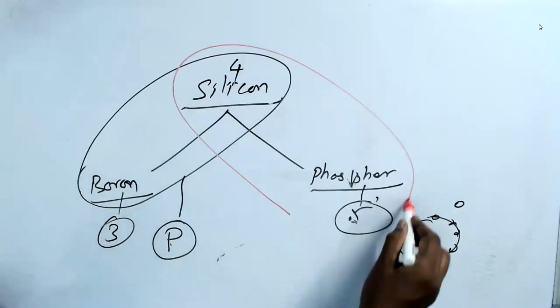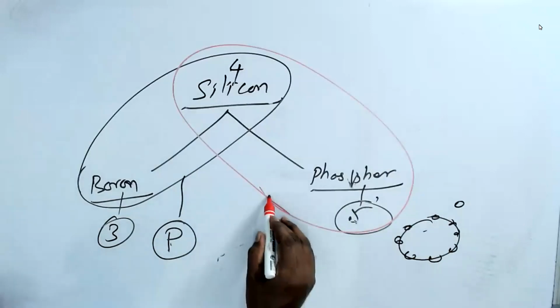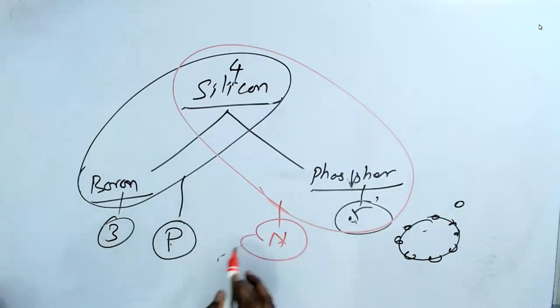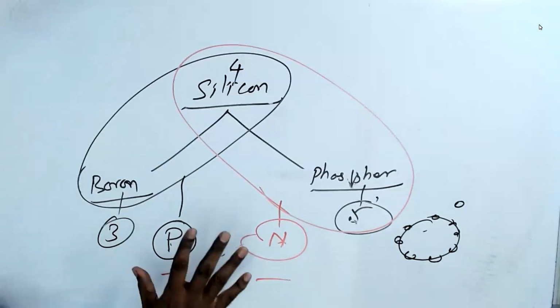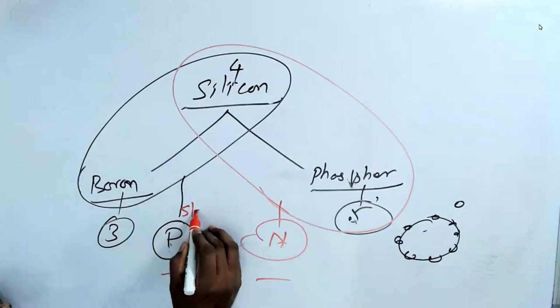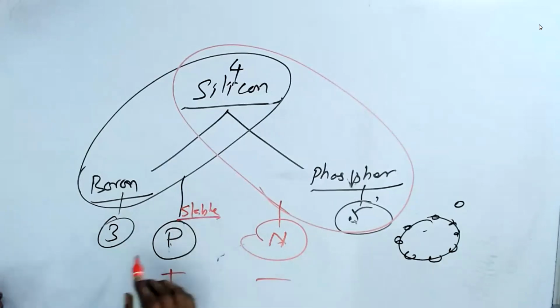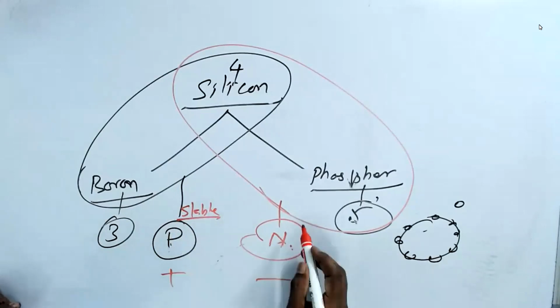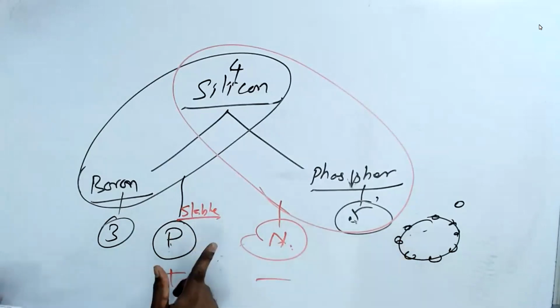Please don't get confused between P and N with plus and negative. These two are different. In this case, this is fully stable. The number of protons and number of neutrons are the same. This is also stable. Clear?